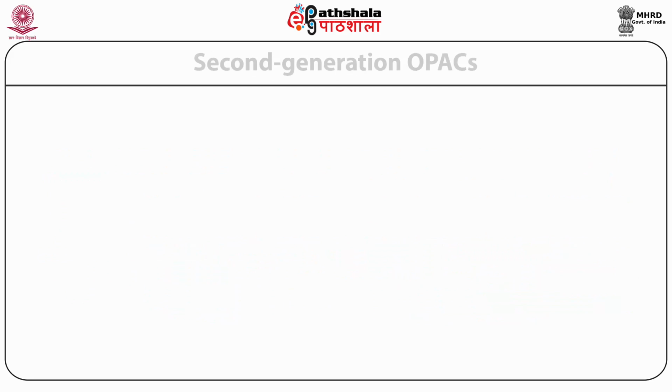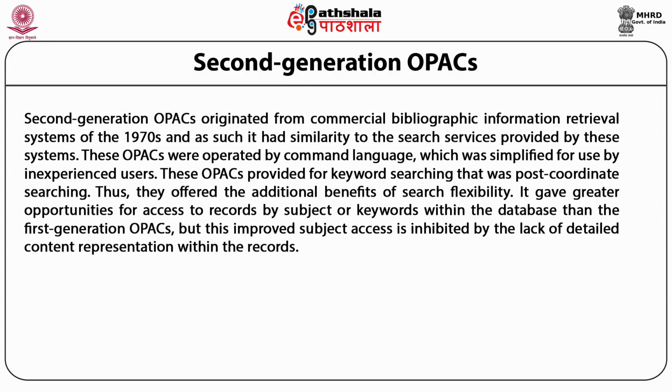Second generation OPACs. The second generation OPACs originated from the commercial bibliographic information retrieval systems of the 1970s, and as such had similarity to the search services provided by these systems. These OPACs were operated by command language, which was simplified for use by an inexperienced user.